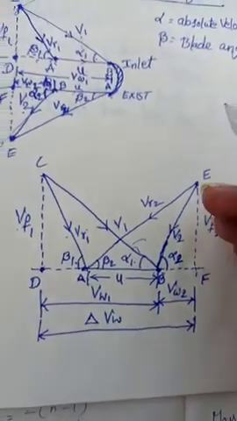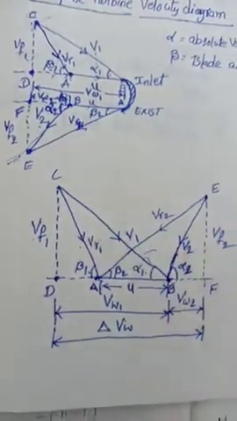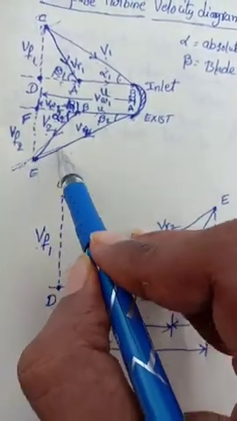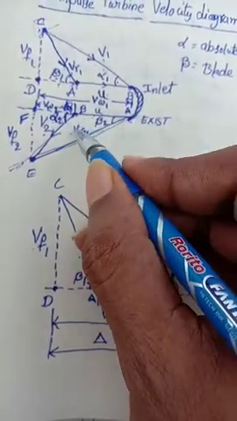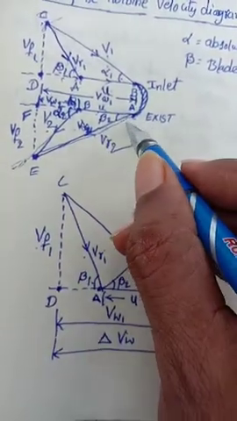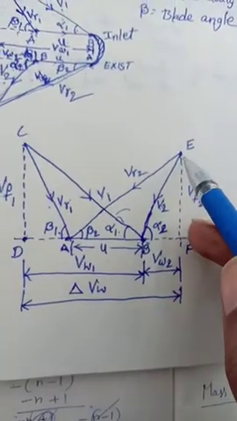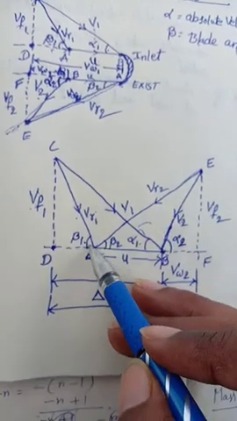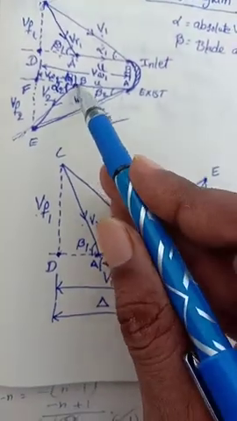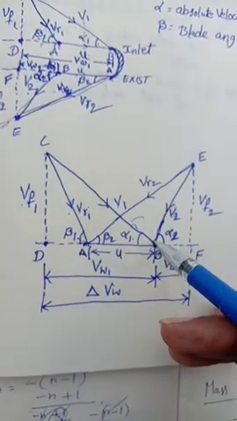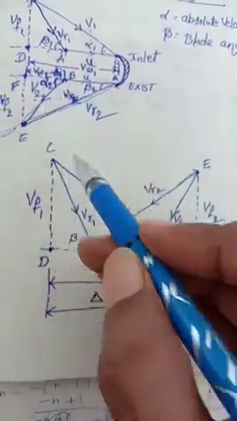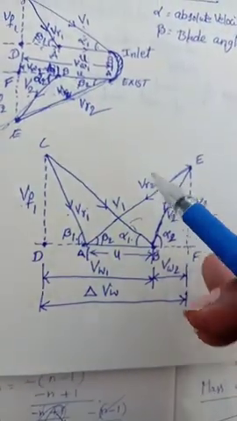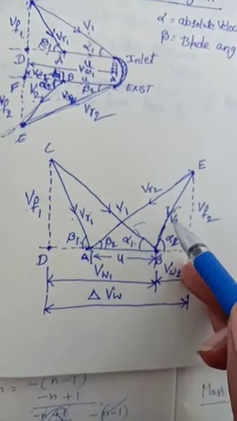Okay, this is the first velocity diagram, and now look at the second diagram. This is the relative velocity flow VR2, so I draw VR2 in the downward position. Then I join B to E. The downward direction here is V2.